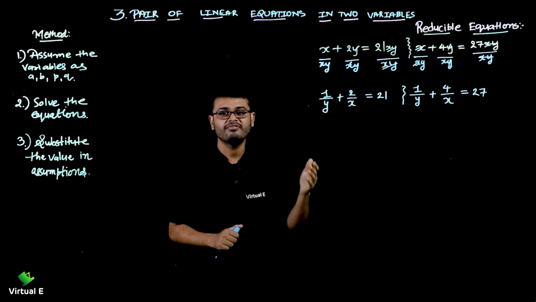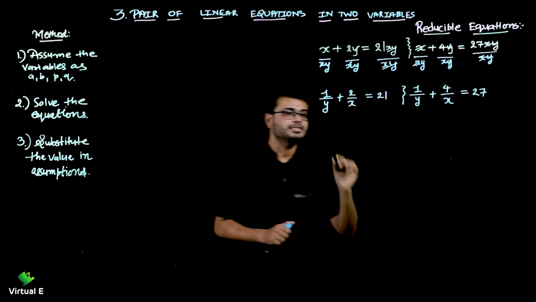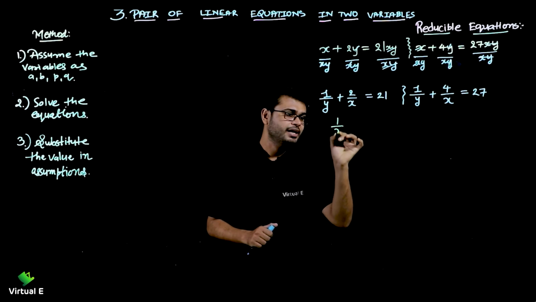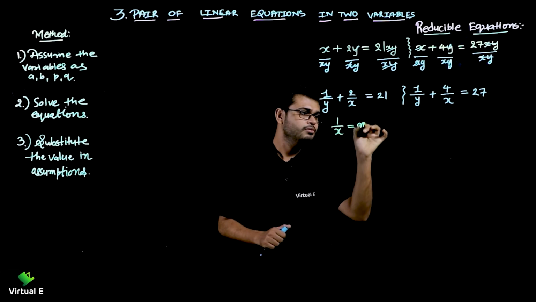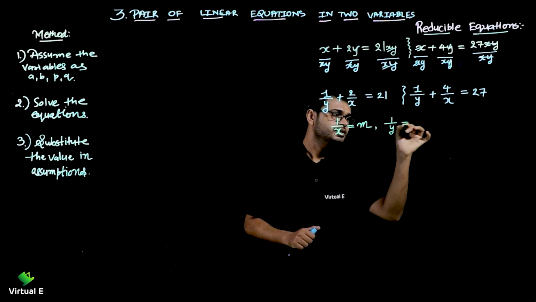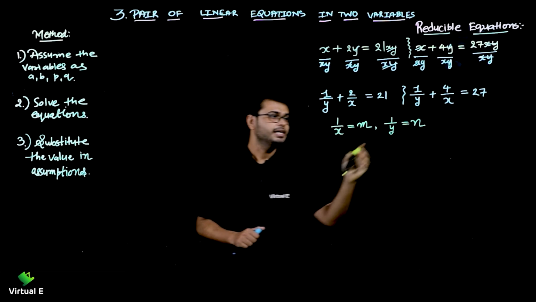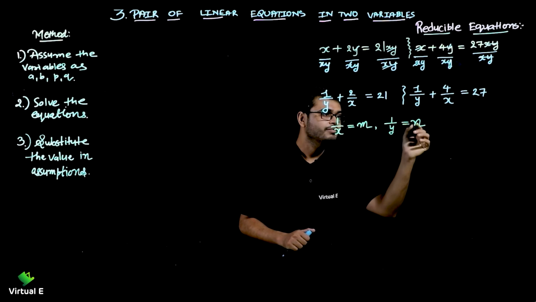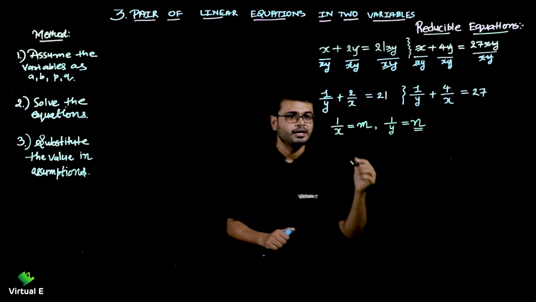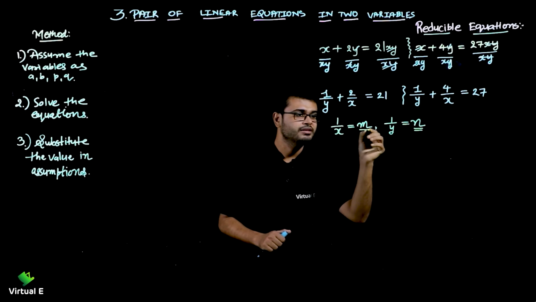They are in the same form, they are repeated. So what will I do? I will assume 1 upon x is equal to m and 1 upon y is equal to n. Wherever I see 1 upon y, I will replace it with n, and wherever I see 1 upon x, I will replace it with m.